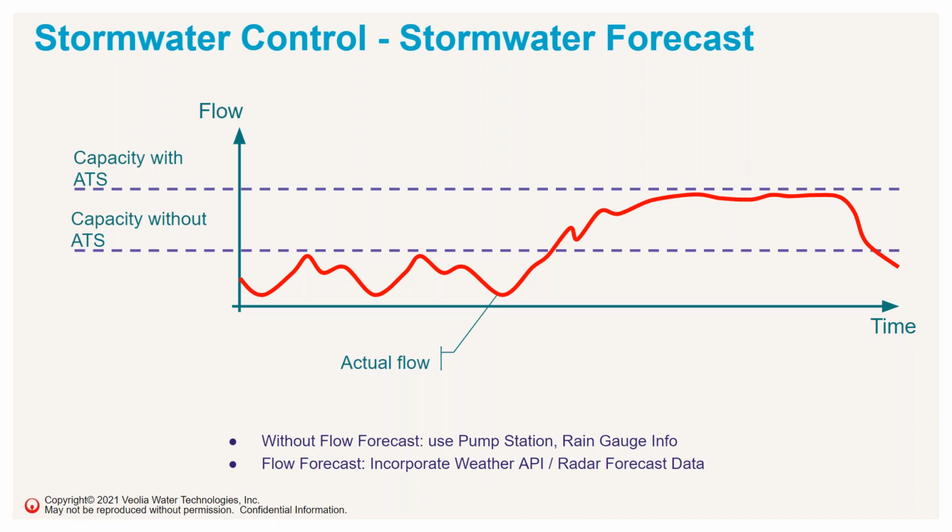If we were able to know when to start the process of aeration tank settling, because we would know when the water arrived at the wastewater treatment plant, we'd be able to raise it from one line to the other. This could go for something like flow forecast, incorporating weather APIs, radar forecast data, what have you, which is the more advanced solution.